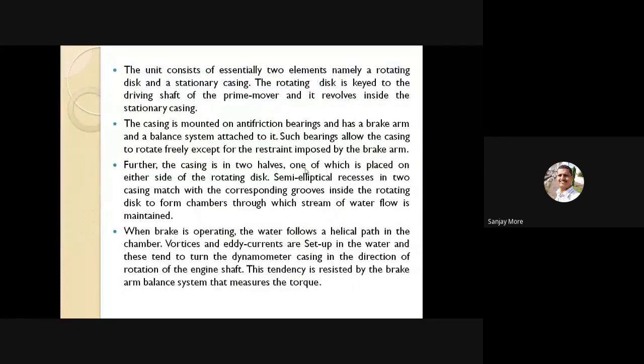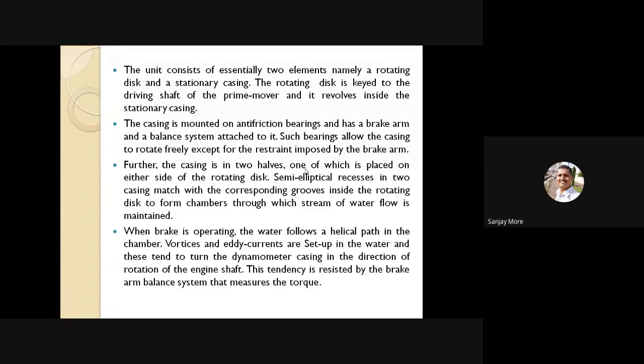Okay, so write down: This unit consists of essentially two elements, namely a rotating disc and a stationary casing.